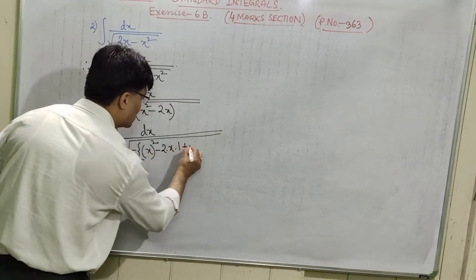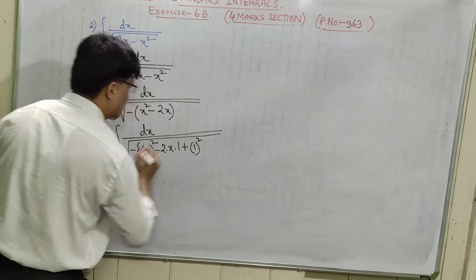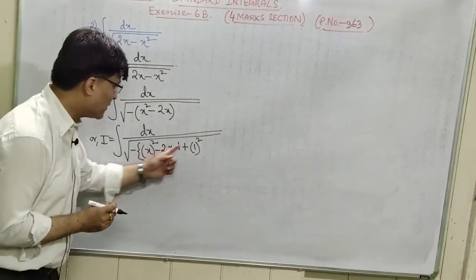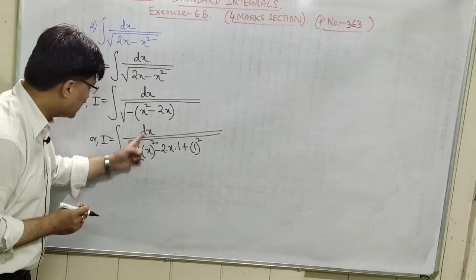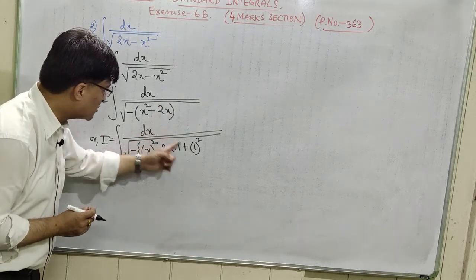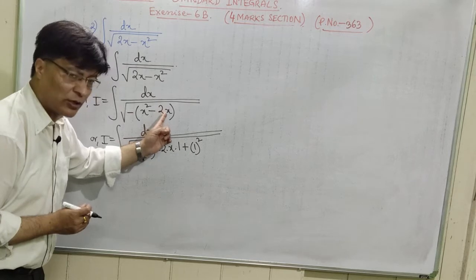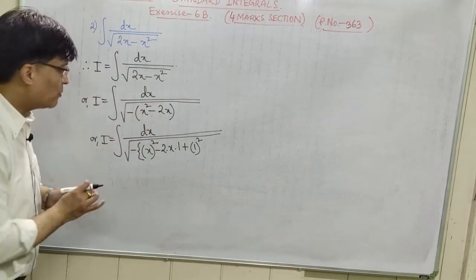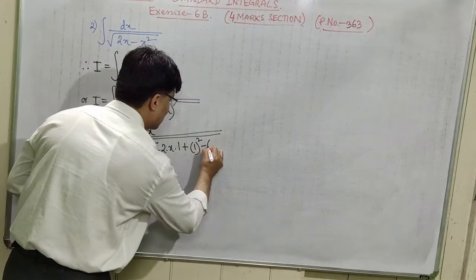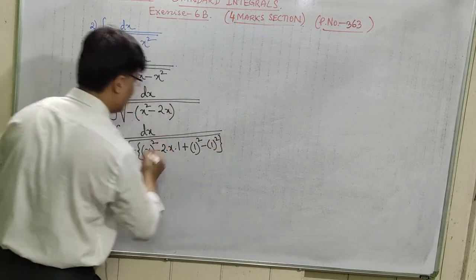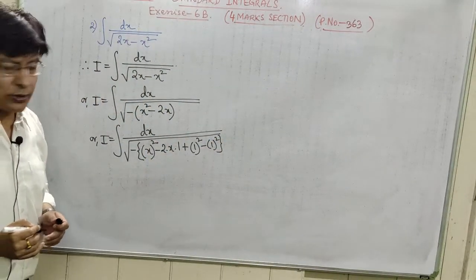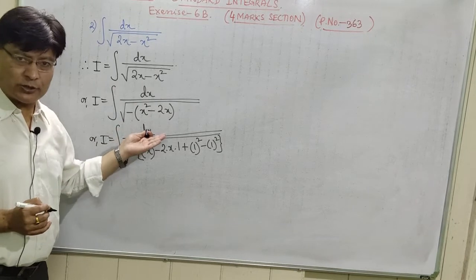Here the value for b is 1, so it is 1 whole square. So this is a perfect square, right? We are getting x square, we are getting minus 2x, but there is 1 whole square. This is an extra number, because here it is not 1 whole square. So you have to cancel it. So you have to write minus 1 whole square. So this second bracket is closed. I hope you have understood it.